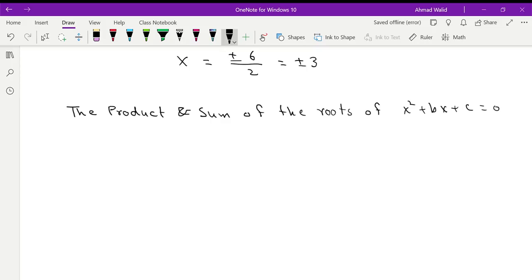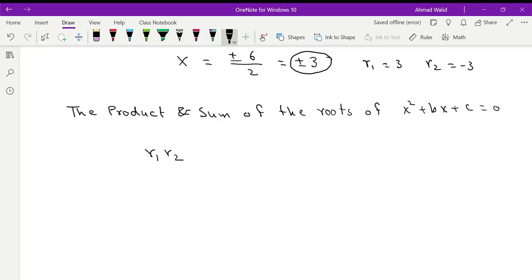Look, if I name the two roots of the quadratic equation R1 and R2, for example, you see here I have two answers, positive and negative 3. It means my R1 is 3 and my R2 is negative 3. The two roots.